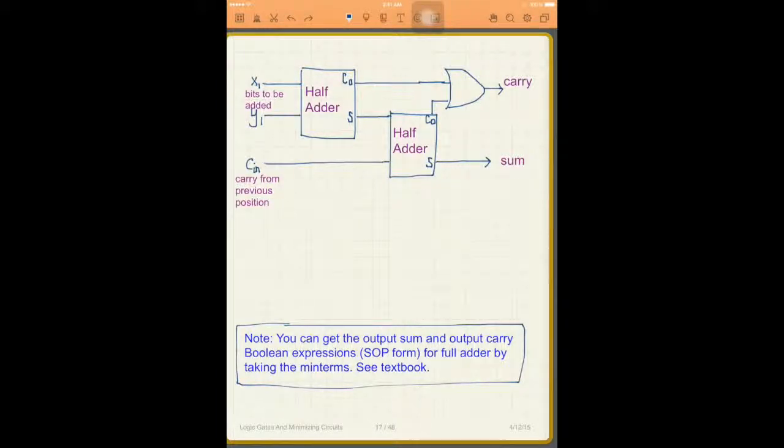But this is what's happening. You have X1 and Y1, these are the bits to be added. They're going into your half adder so that this half adder is going to produce a sum and a carry out. Just like when we're adding those two bits, you produce a sum and a carry out.